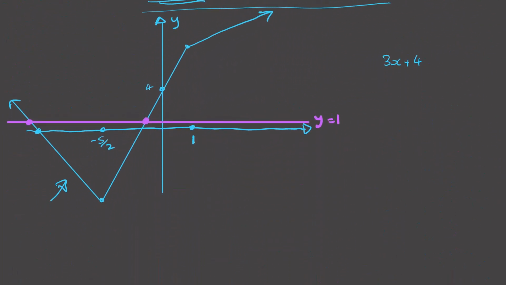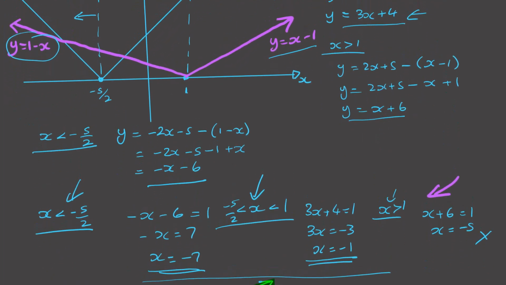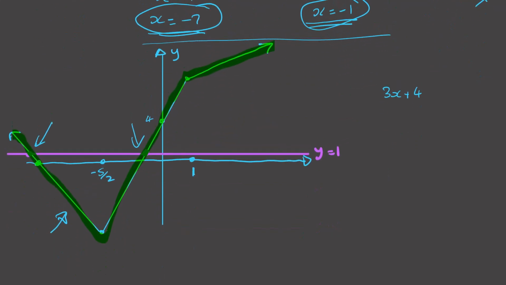So we're looking at where that's less than the pink line. And that is going to be between the intersections here and here. It was a strictly less than, and we found with our analysis that those intersects were at negative 7 and negative 1, and so we can say that x is more than negative 7 and less than negative 1.